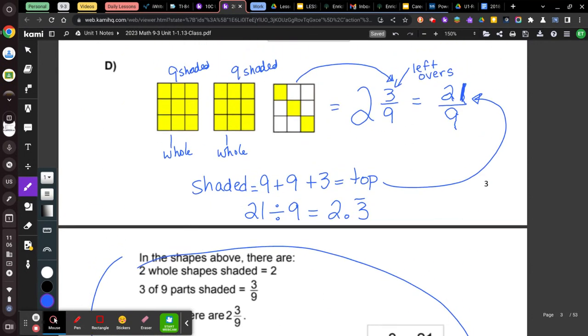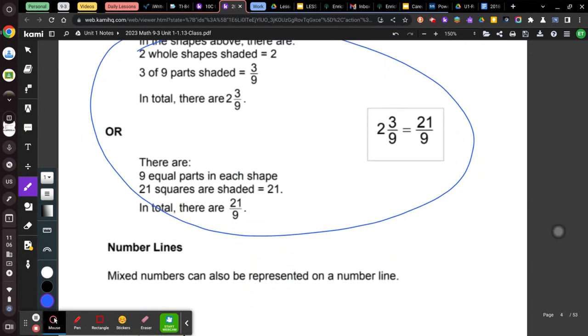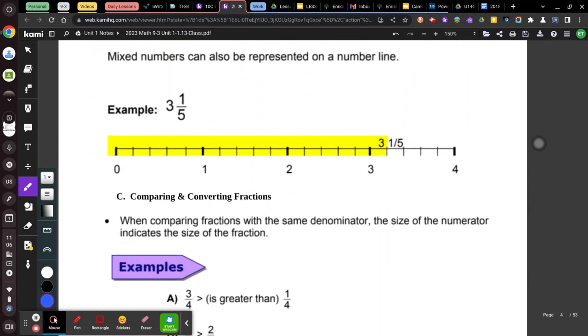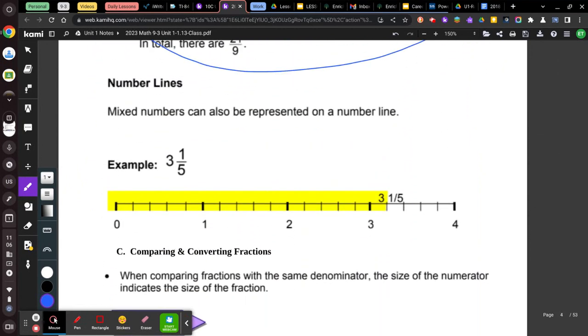Okay? So now we're going to the middle, to the bottom of page 4. And now we're going to talk about number lines, because we can actually use number lines for mixed numbers. So I'm going to show you how a number line would work for mixed numbers.